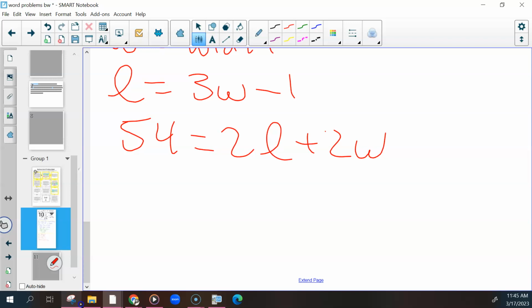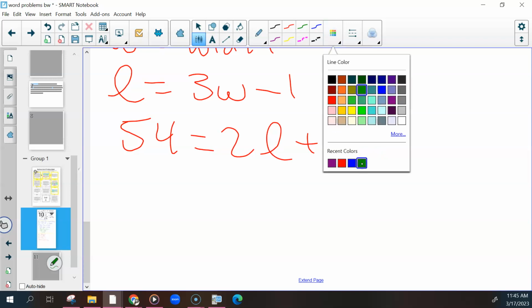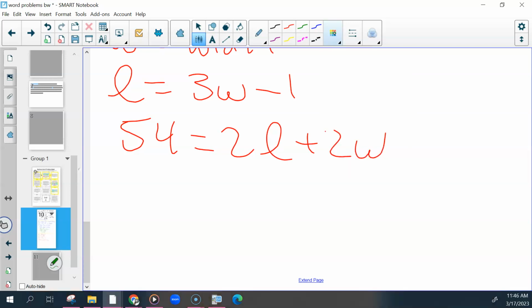So then between substitution and graphing, which one would work better for this? Substitution, because there's one already. When we were solving this before, we were substituting. So put this in for L.